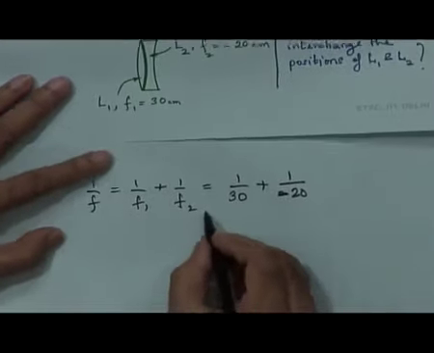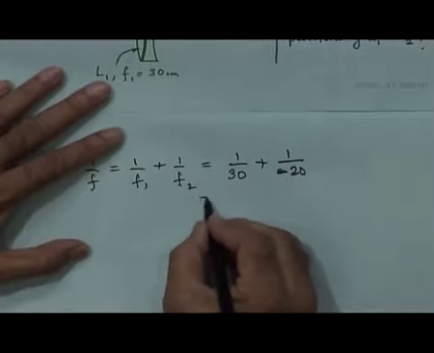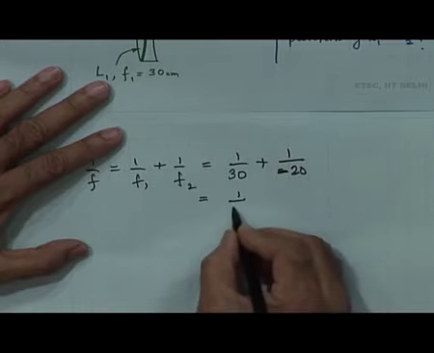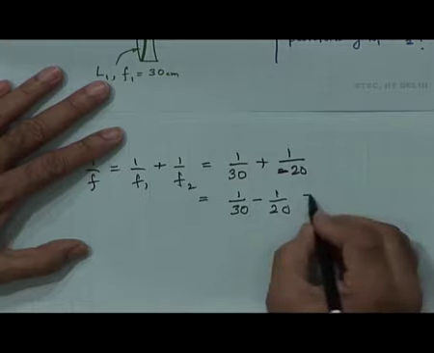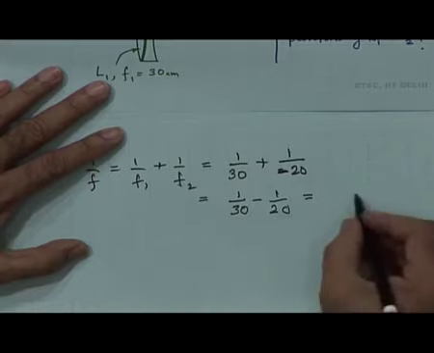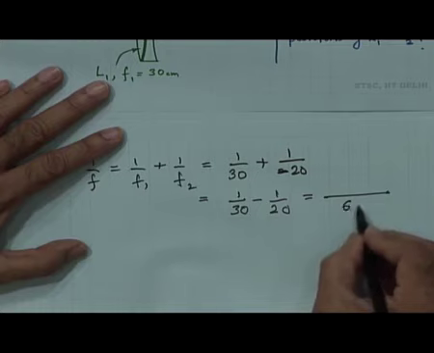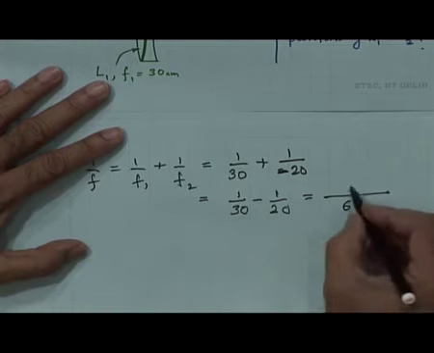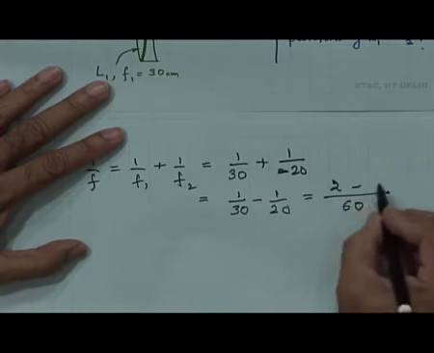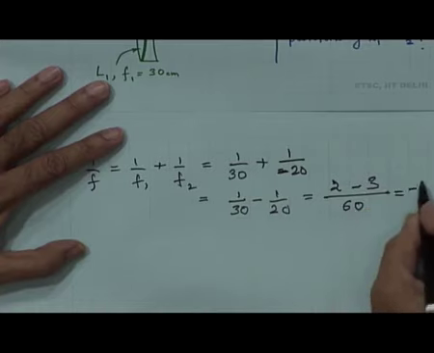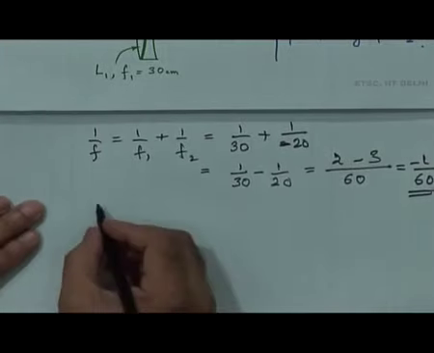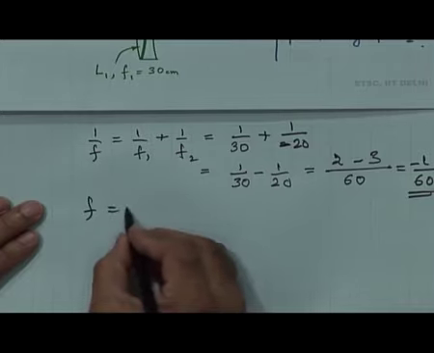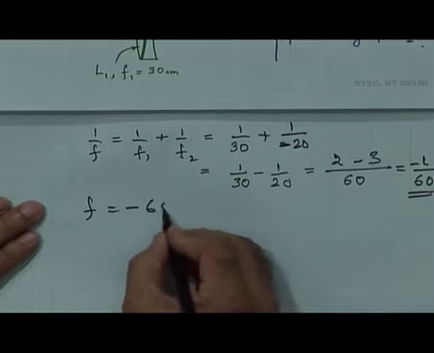So that is 1 by 30 minus 1 by 20, and 60 could be the common denominator. So we have 60 and therefore this is 2 minus 3, which is equal to minus 1 by 60. This is the focal length of the combination, which implies f is equal to minus 60 centimeter.